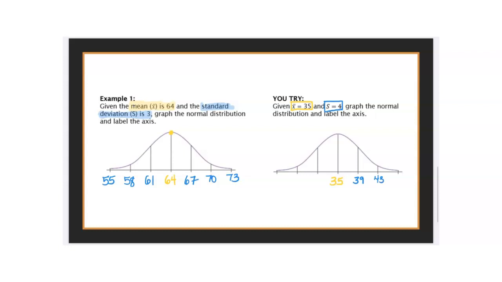And 43 plus 4 gives us 47. Going backwards, 35 minus 4 will give us 31. Minus another 4 will give us 27. And minus another 4 will give us 23. So our normal distribution curve with the labeled axes is as it's shown.